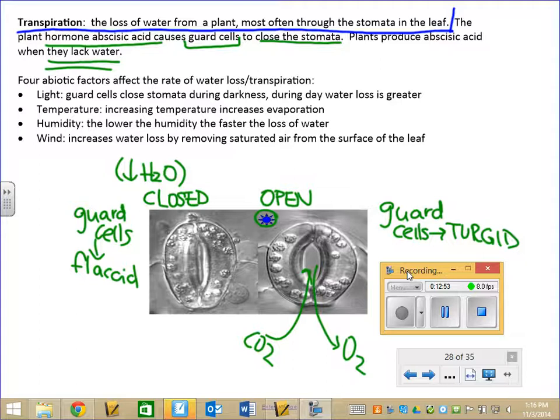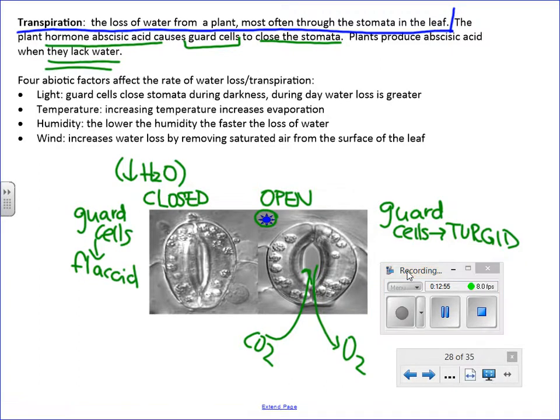Now there are 4 abiotic factors. In science, in general, if a word starts with the letter A, it can very often mean not. So if I split this word in half, something that is abiotic is not biotic.